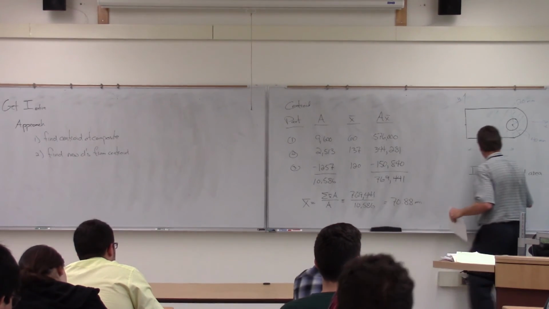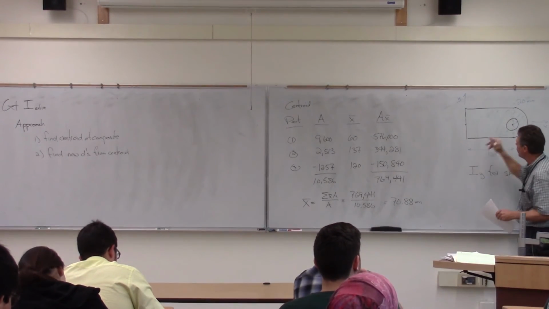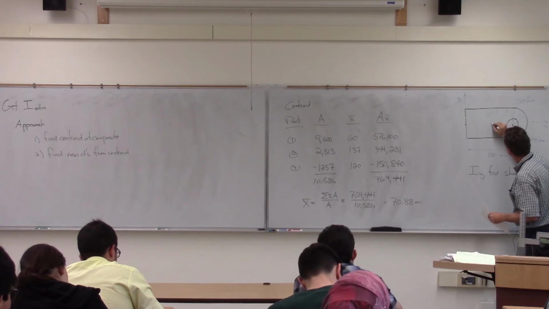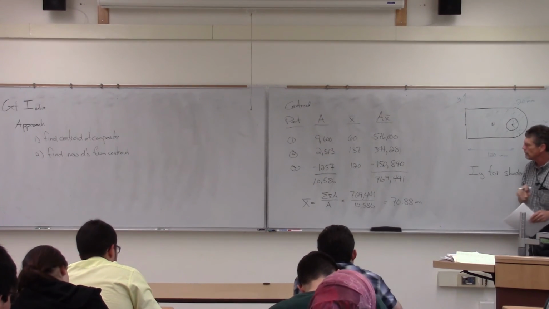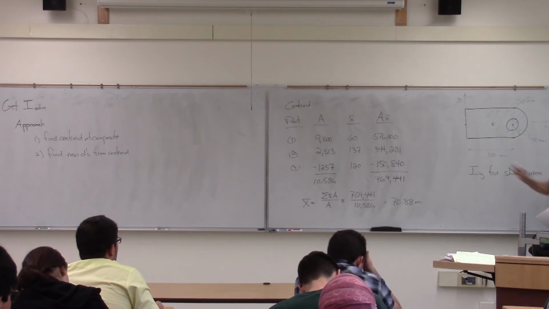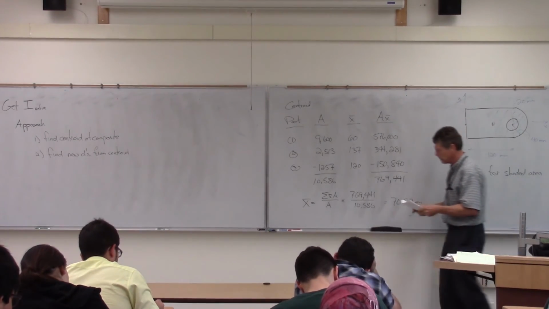So what that's telling me then is the centroid of this whole system is going to be basically somewhere in that area there, about 71 millimeters over from that y.